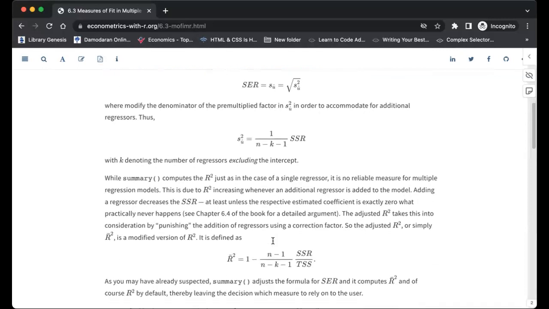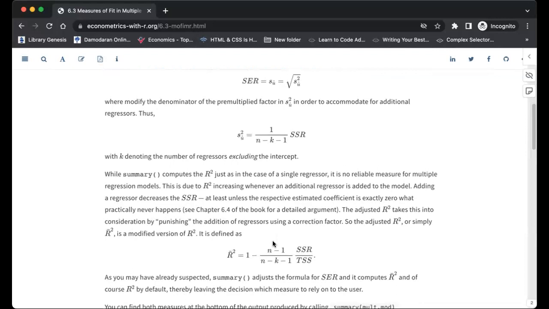So it's good to know about these formulas, but in a sense, the summary function does this all for us, so we don't have to do any manual computation.